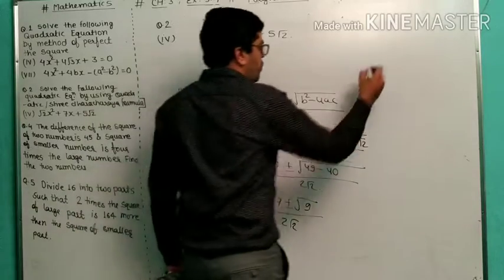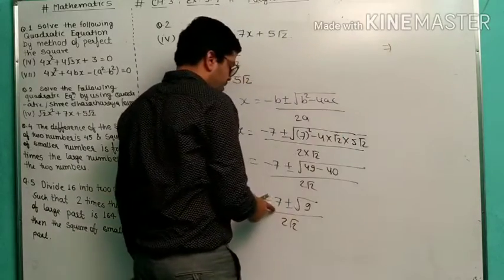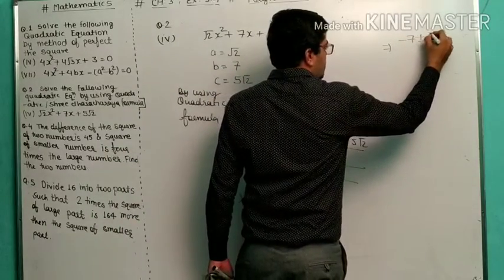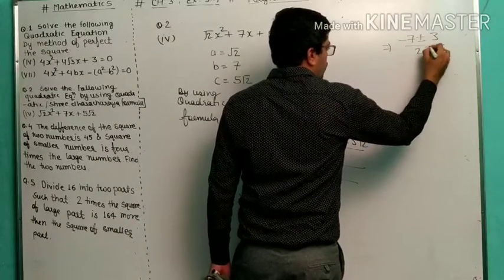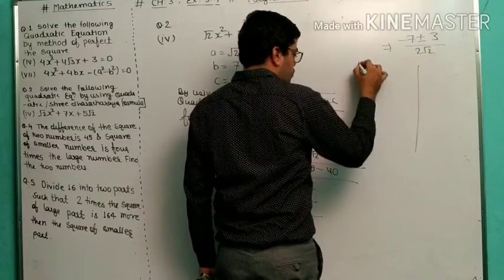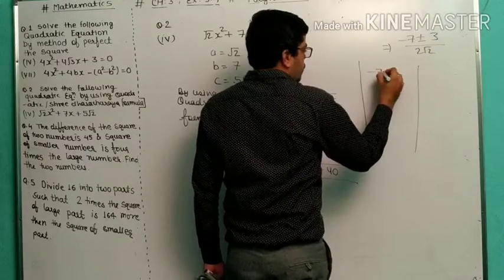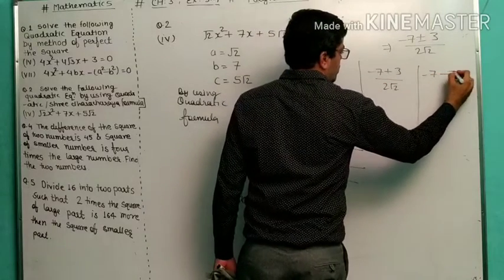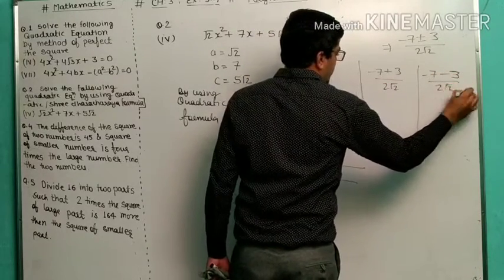So when we obtain the solution, x equals minus 7 plus minus 3 divided by 2 root 2. First I consider plus 3 divided by 2 root 2, and second, minus 3 divided by 2 root 2.